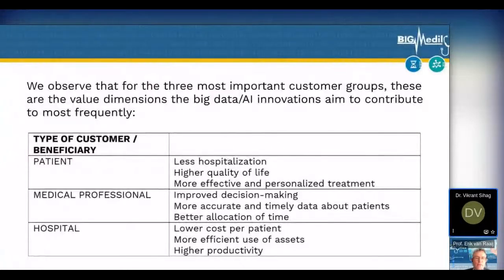So if we now focus on the three main groups of beneficiaries, the patient, the medical professional, and the hospital, you see that value propositions were, for instance, around less hospitalization of patients, higher quality of life, and more effective and personalized treatment. So when we talk about big data, the use of big data, the use of artificial intelligence, these are typical outcomes that these pilot teams expect that their innovation might provide.